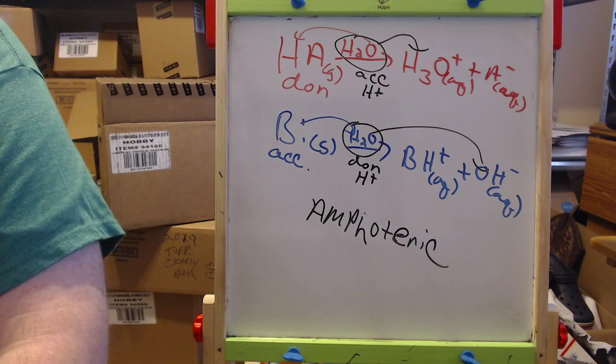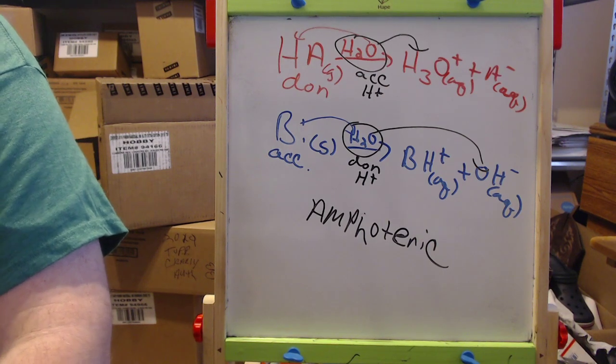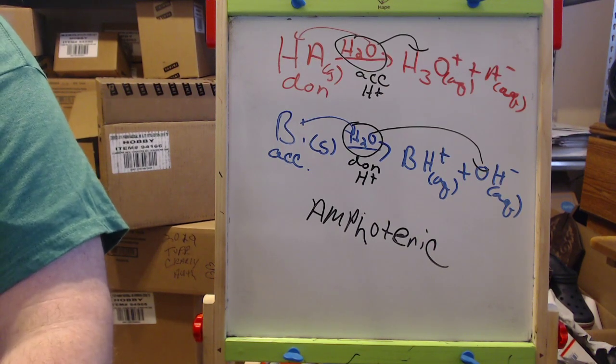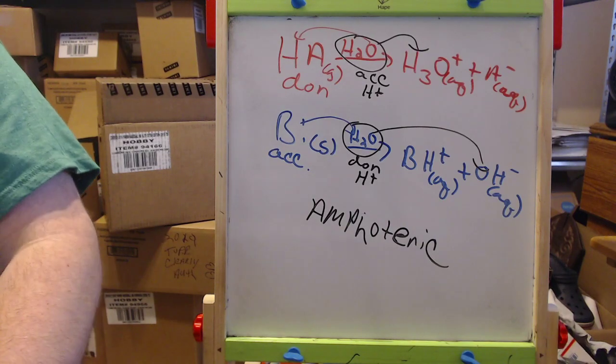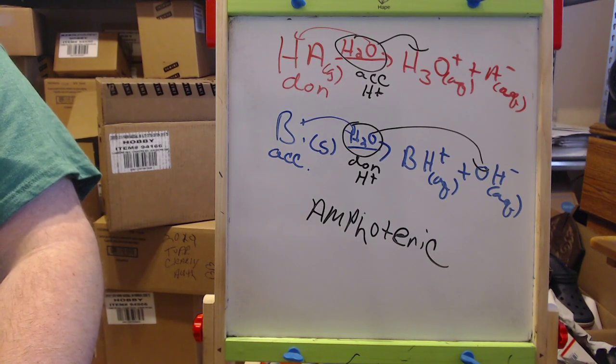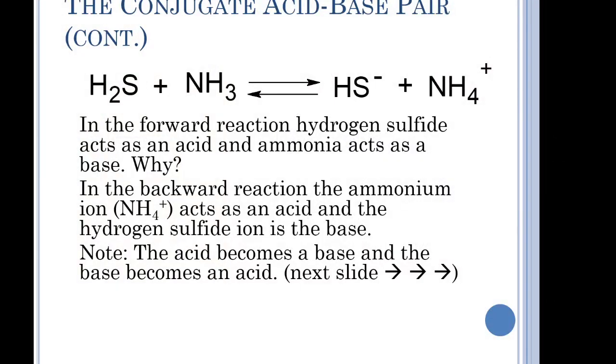Now, thanks to Bronsted-Lowry, we can look at acid-base reactions a little bit differently. So here's a reaction of H2S with NH3. So ammonia with hydrosulfuric acid. I know the (aq)s aren't there.